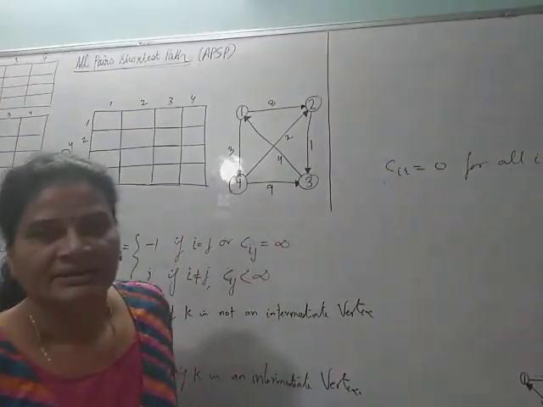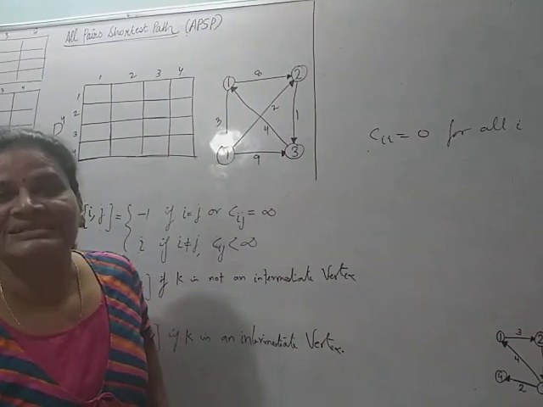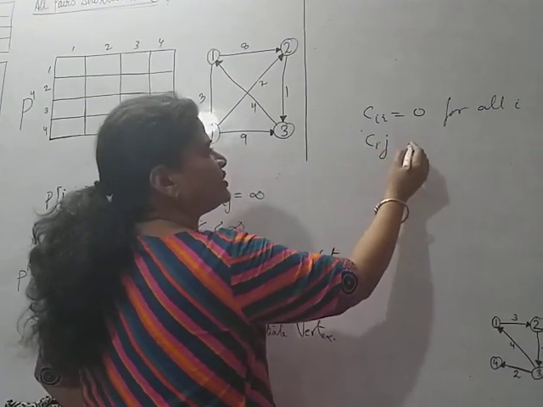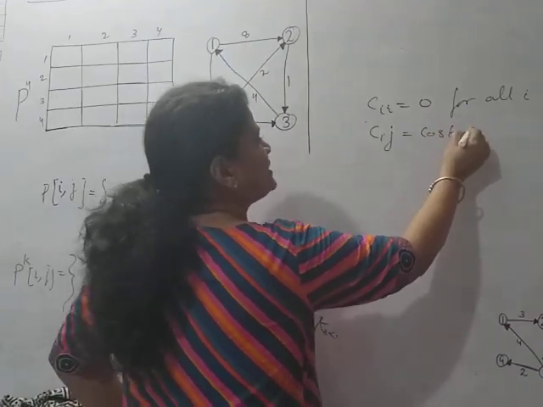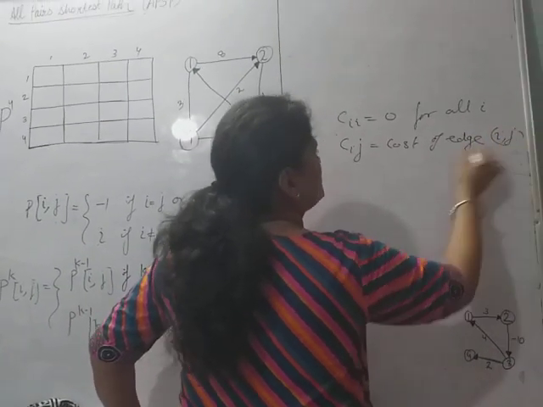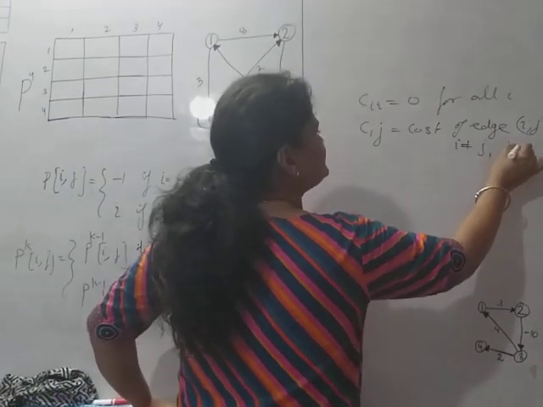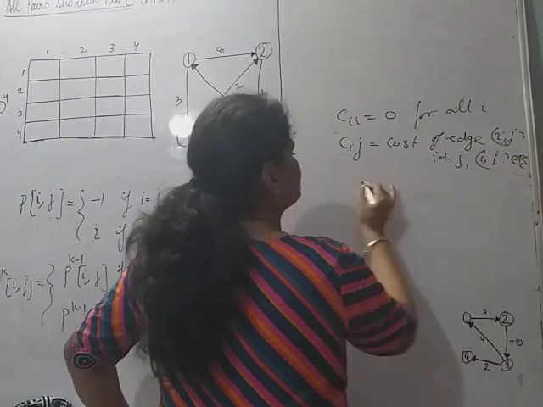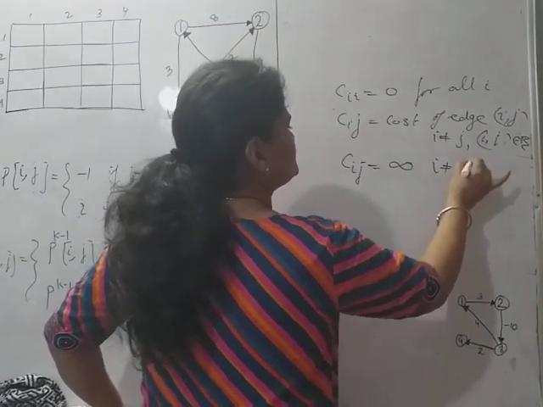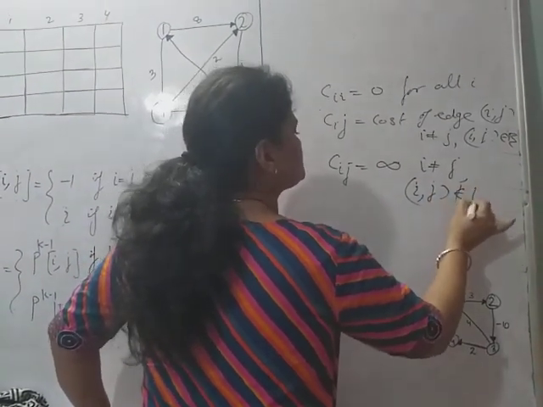The cost matrix is initialized with all diagonal entries 0, and Cij for i not equal to j is the cost of edge ij if ij belongs to E, and Cij equals infinity for i not equal to j and ij does not belong to E.